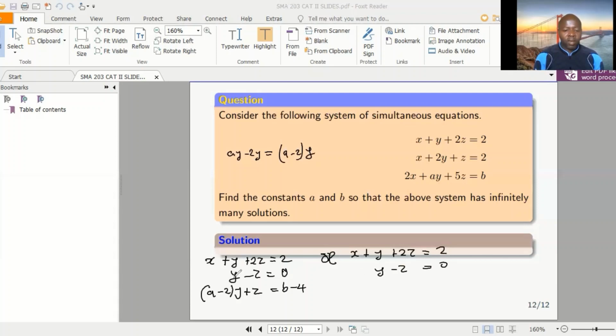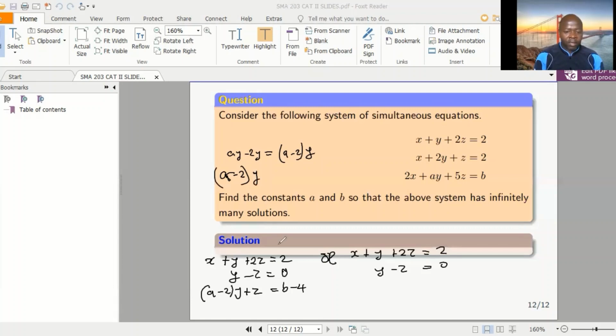Now use this y to get a 0 here. That means you are multiplying equation 2 by m minus 2 and then subtracting the result from equation 3. So this y multiplied by this, you get m minus 2 y. Subtract from m minus 2 y, you get 0.